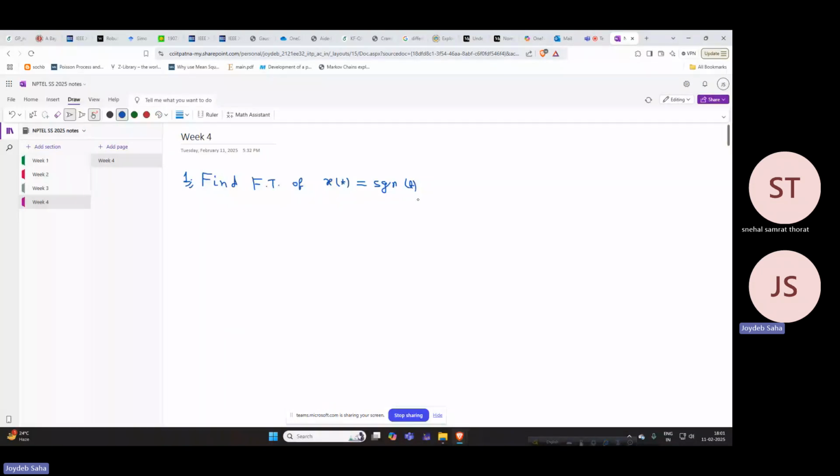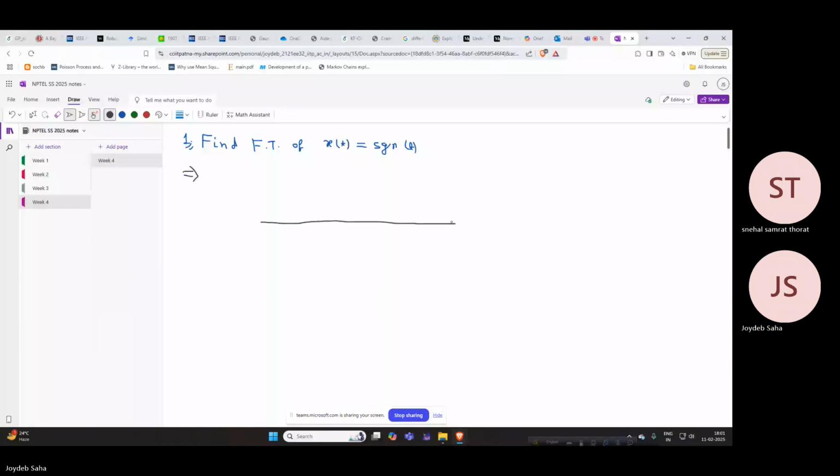Sgn means signum. This is the signum function.